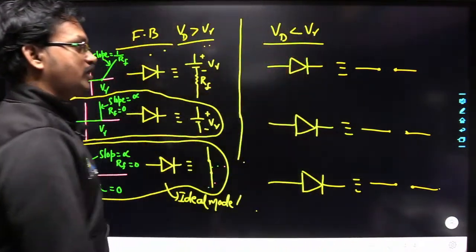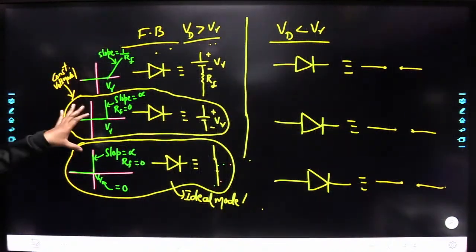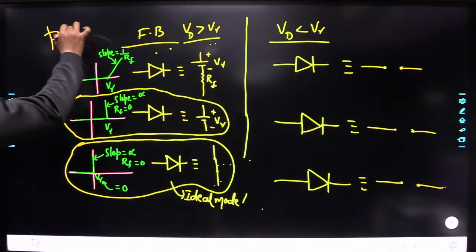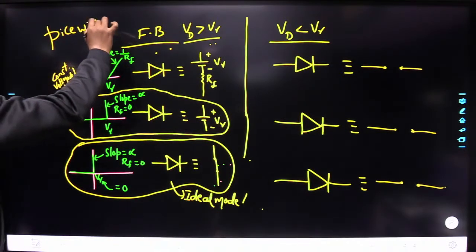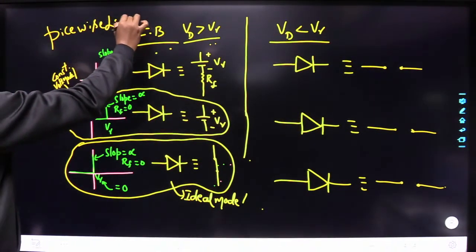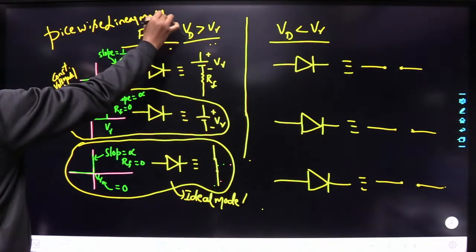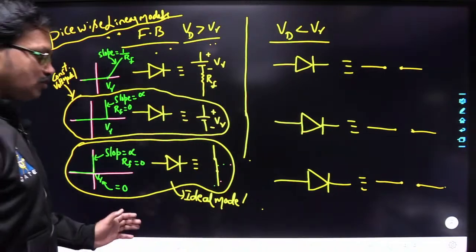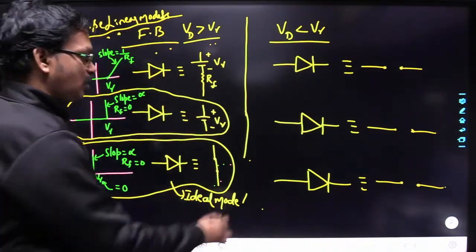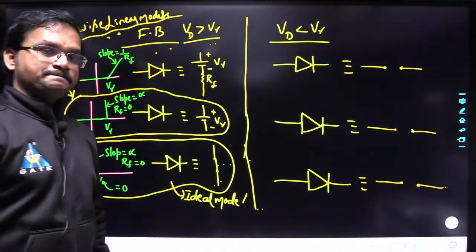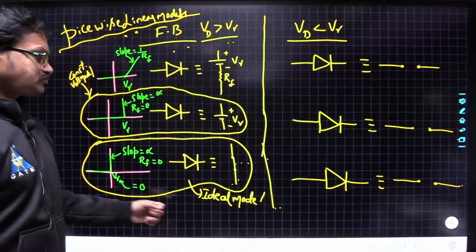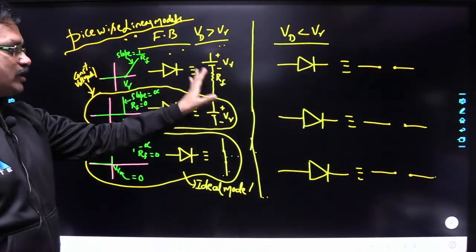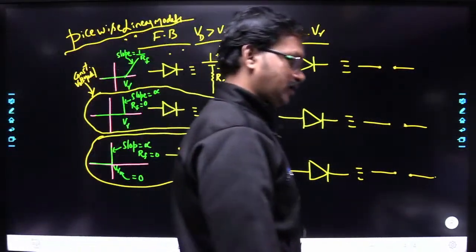So this is called the constant voltage model, this is called the ideal model, and all these models are called piecewise linear models. This is how you have to replace the diode whenever you are analyzing a circuit. You have to replace the diode with its equivalent model in this manner.